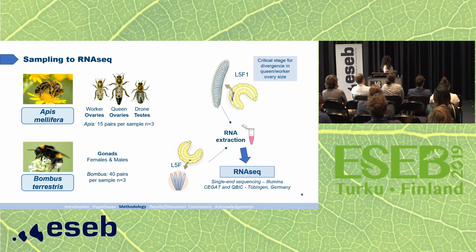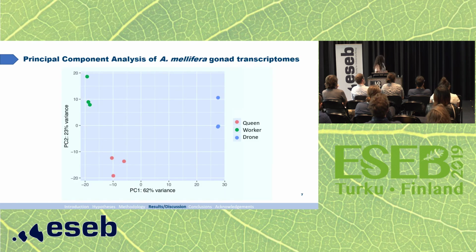For Bombus terrestris, we collected 3 samples from gonads in the respective stage. After RNA extraction, we sent the samples for sequencing in Tübingen, Germany. The first results are regarding the principal components analysis of the Apis mellifera gonad transcriptomes.